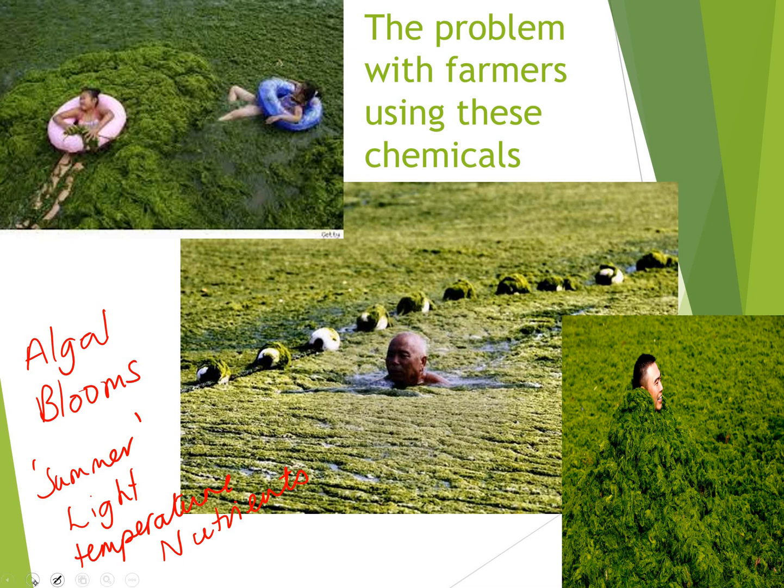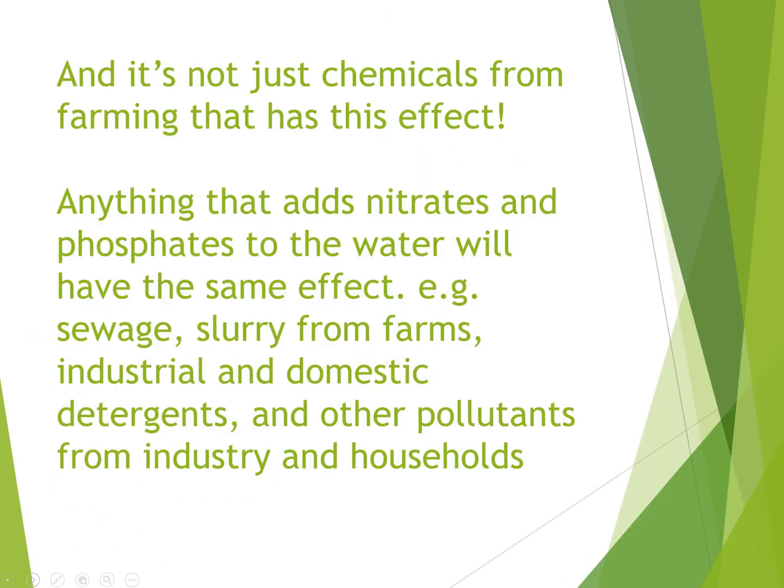So is it just farming communities and the chemicals that they use that cause this? Well, no. Anything that adds nitrates and phosphates to the water will have the same effect. So any sewage that escapes from a sewage pipe, any slurry from farms, what we mean by slurry is that horrible almost liquid cow poo that is sometimes used to put onto crops to help them grow as an organic farmer.